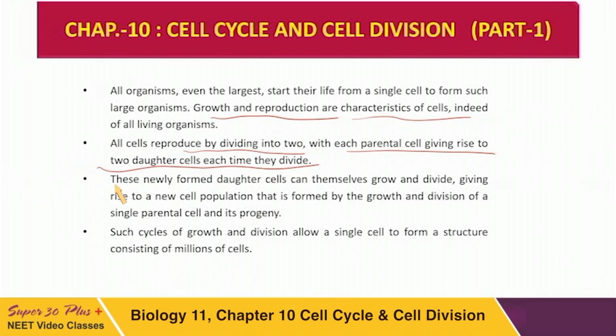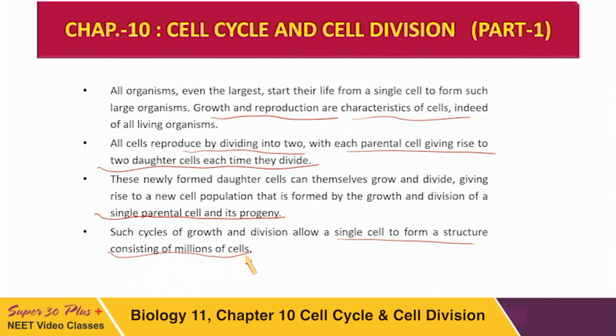You know it. The newly formed daughter cells grow and divide, giving rise to a new population, and in that way growth and division of a single parental cell make the progeny. Such a cycle of growth and division allows a single cell to form a structure consisting of millions of cells.